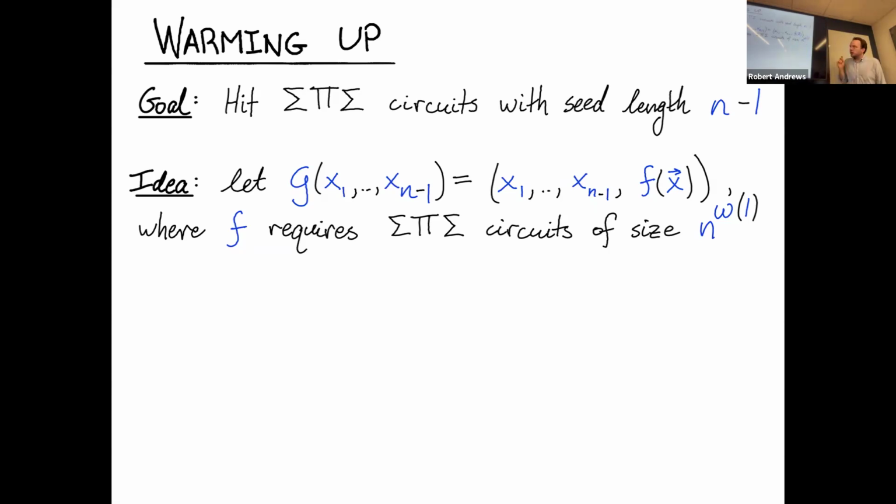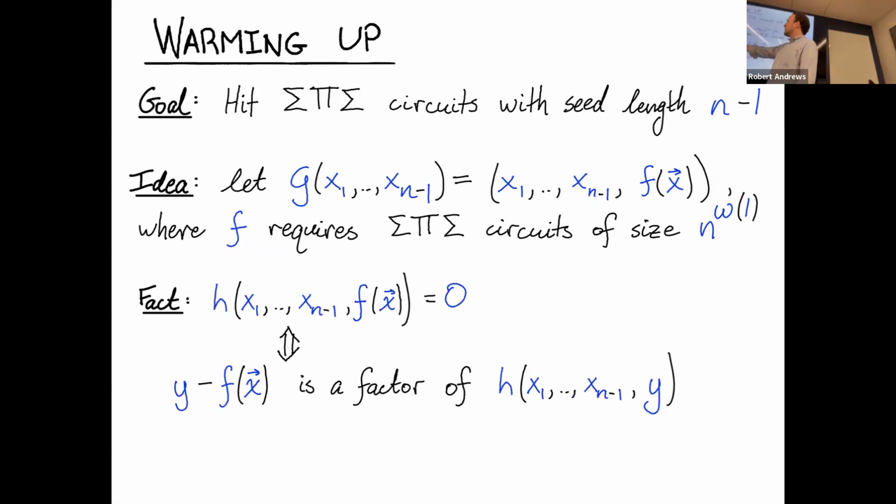Now, it turns out you can characterize exactly what polynomials break this. Say I have some polynomial h which, when I plug in the generator, simplifies to 0. Well, you do some algebra, and you can prove that this happens exactly when y minus f is a factor of h, where I've got these n-1 x variables, and the nth variable is this y.